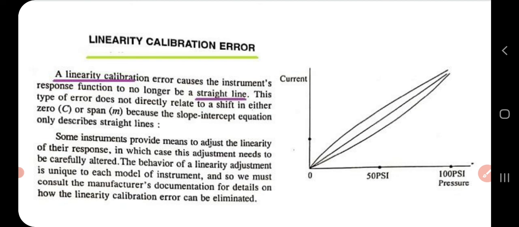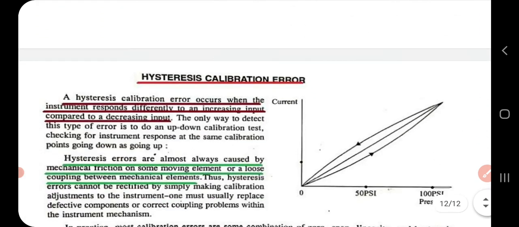Now this behavior of linearity adjustment is unique to each instrument, and if you want to calibrate it more accurately, you have to consult the manufacturer along with its documentation. However, this linearity calibration error can be eliminated only in this way. So just describe the first paragraph, then I think you can write these two paragraphs and the diagram.